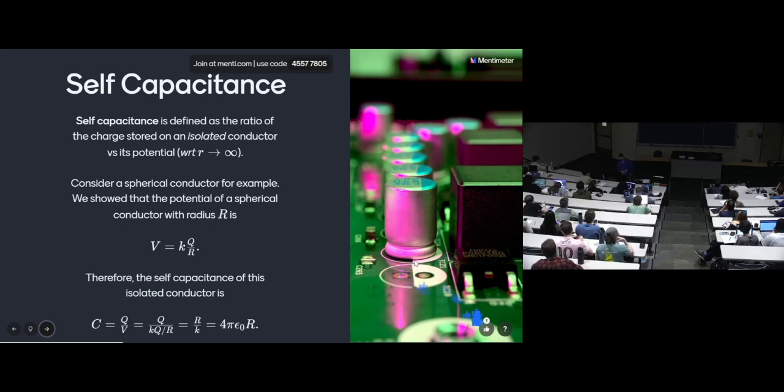We showed that the electric potential is going to be kq over big R, where big R is the radius. Therefore, the capacitance is going to be 4 pi epsilon naught times R. It has a certain amount of expected capacitance when it is just alone in the universe.